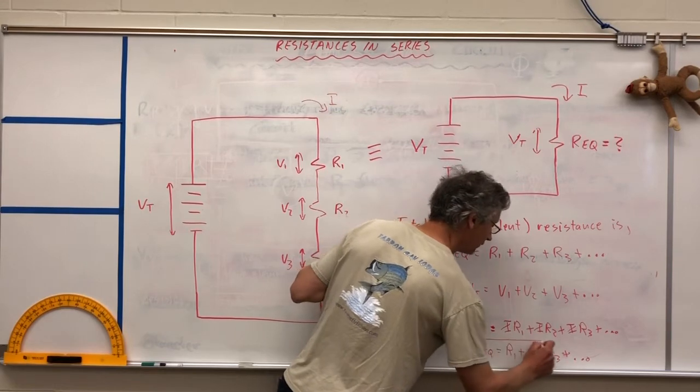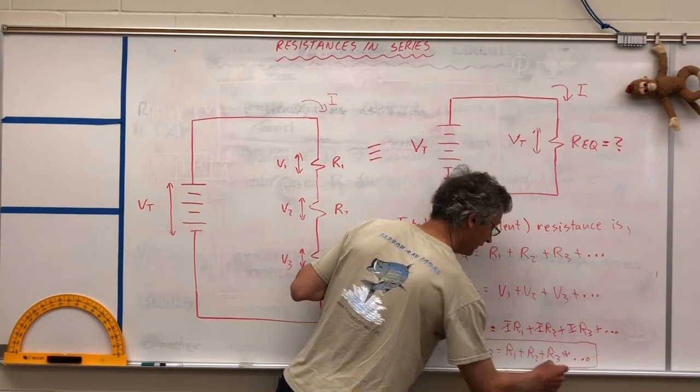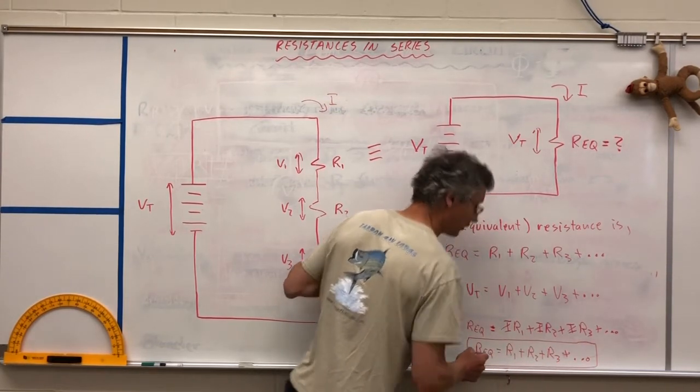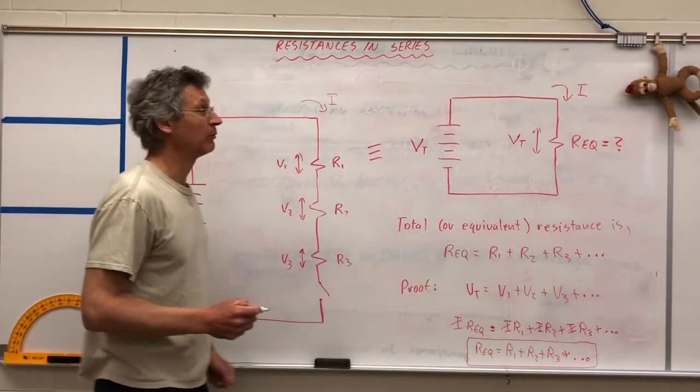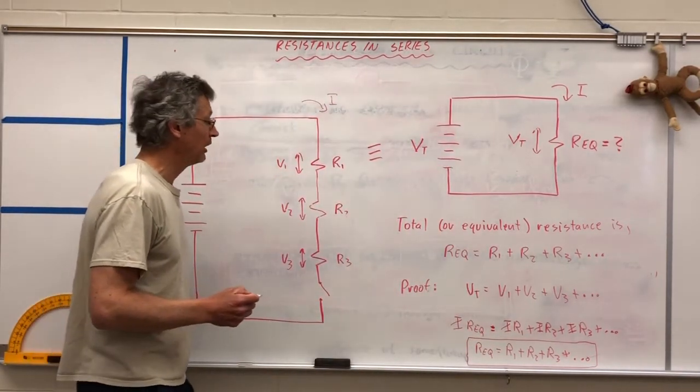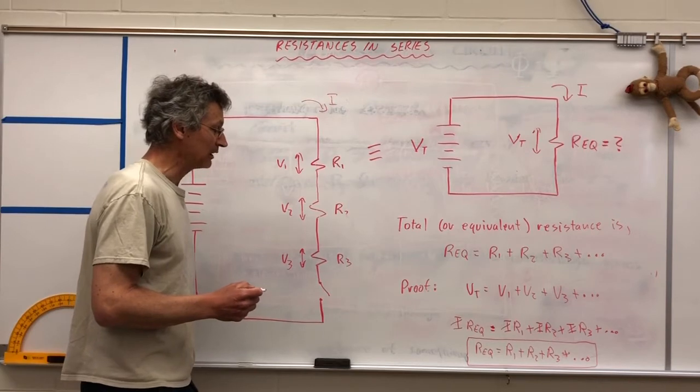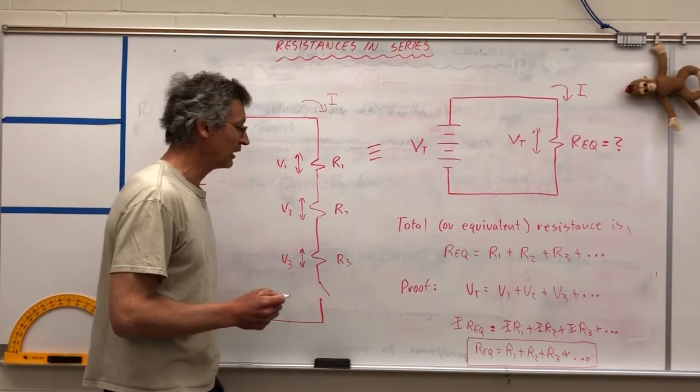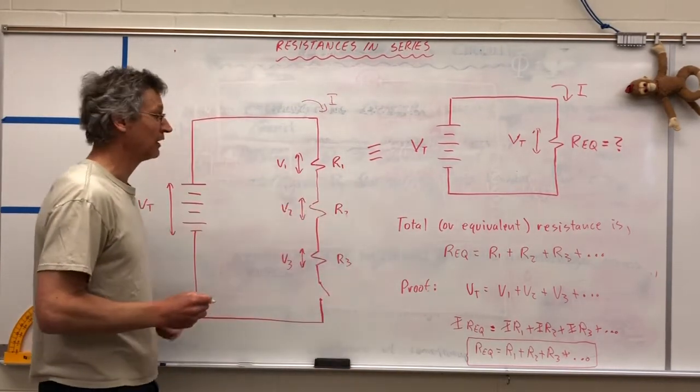Draw a box around that and never forget it. We'll come right back and we'll do a little example, a problem where you're going to have to use some of these ideas.